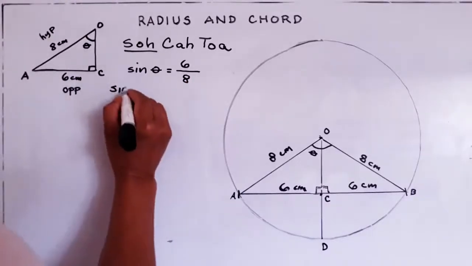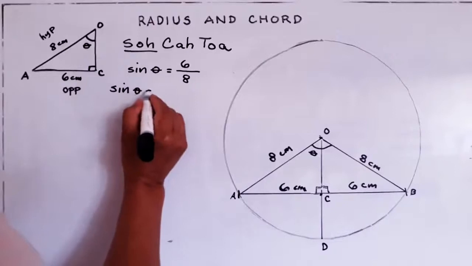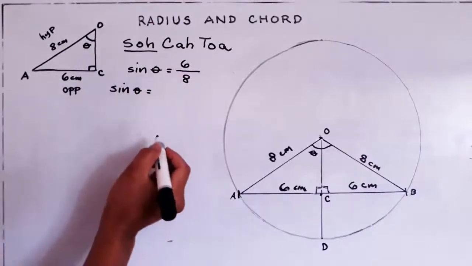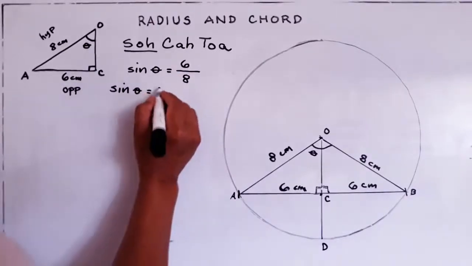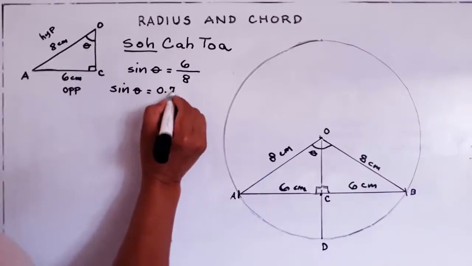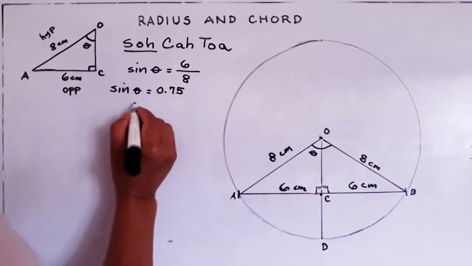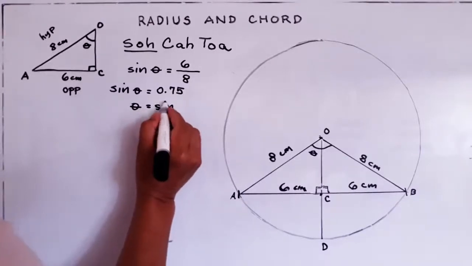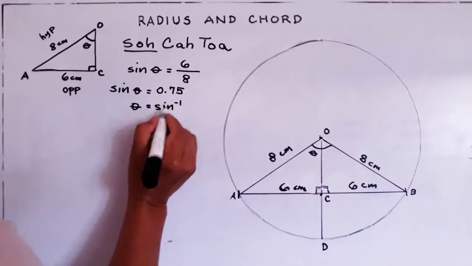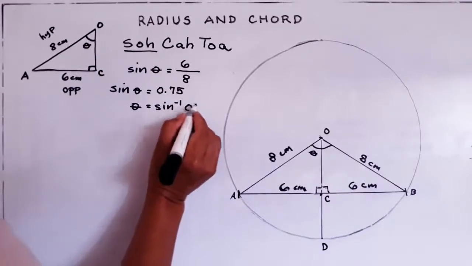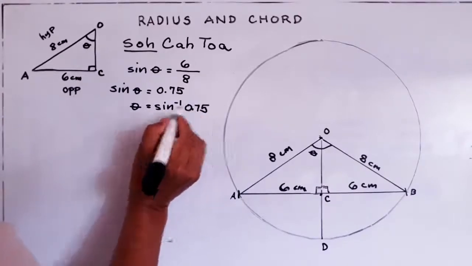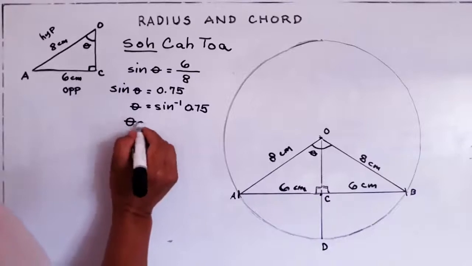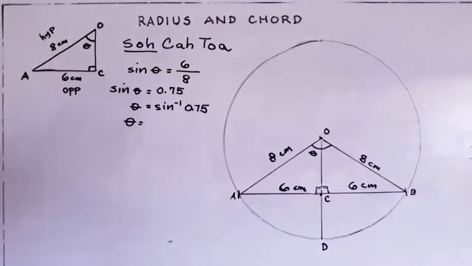Then 6 over 8 is actually 3/4, and 3/4 is 0.75. Then you will see that they write it like this: arc sine, or sine to the negative 1, of 0.75.